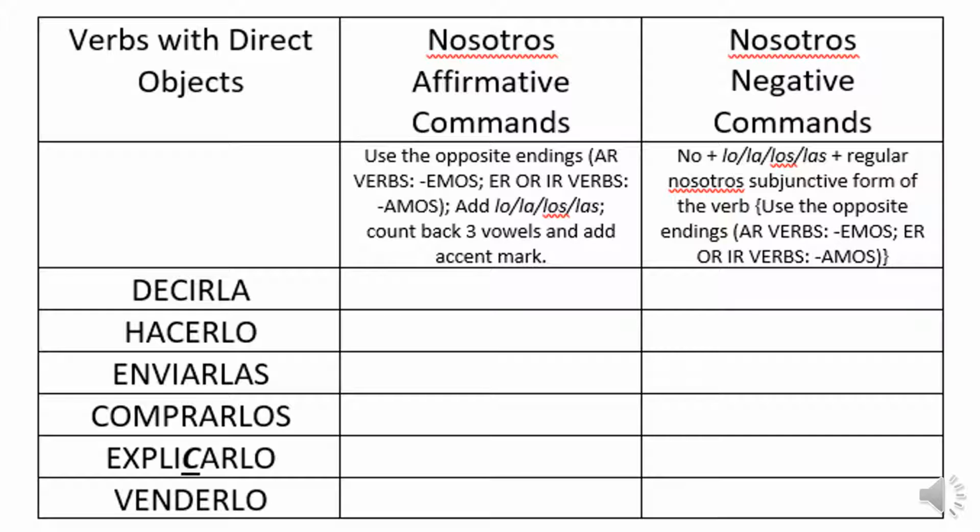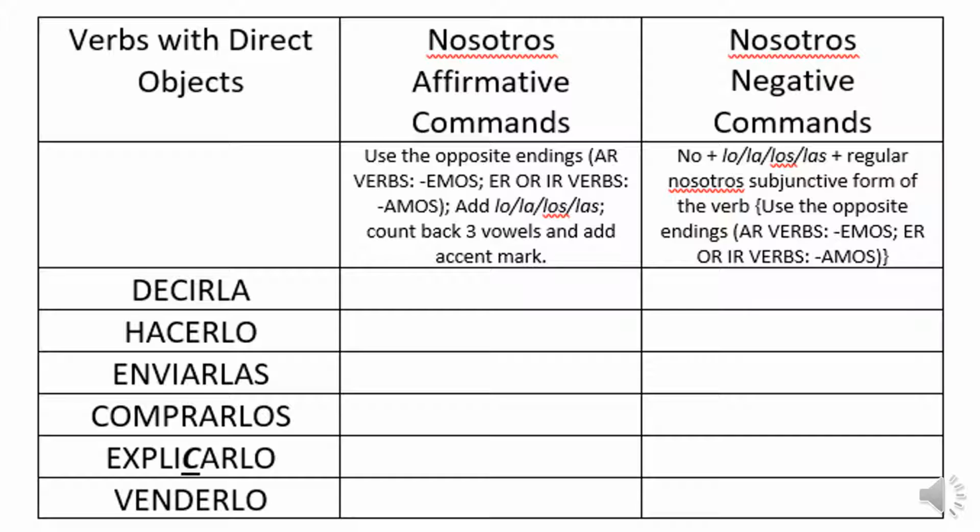And the rules are, use the opposite endings. So you already know AR verbs are going to end in EMOS. ER or IR verbs are going to end in AMOS. Then you are going to add lo, la, los, or las, depending on what the thing is that we're talking about. So for example, tell the truth, we would be talking about la verdad.